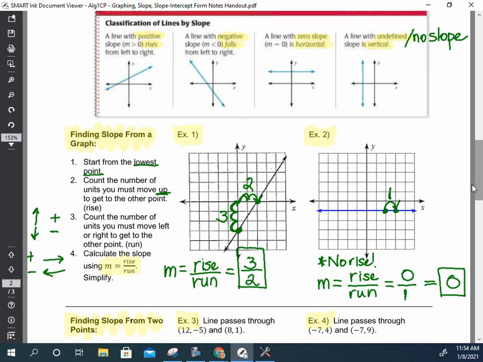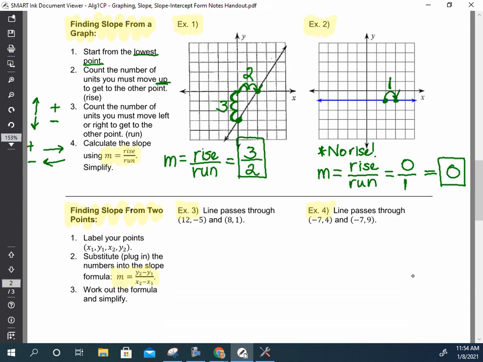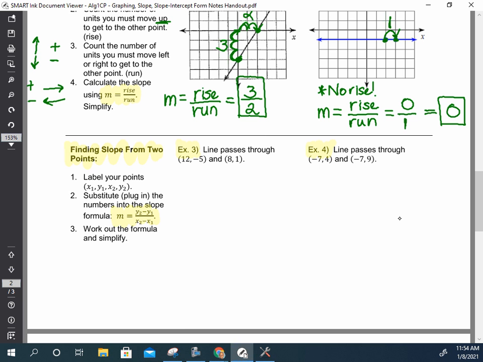All right, Austin. All right. So examples 3 and 4. After 3 and 4, we'll take a short one.